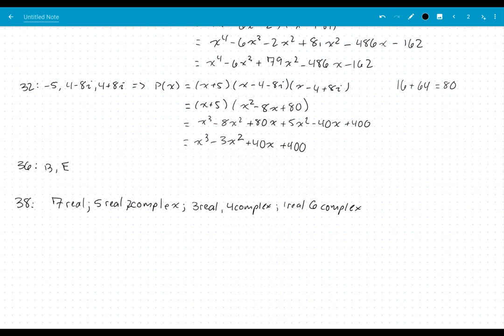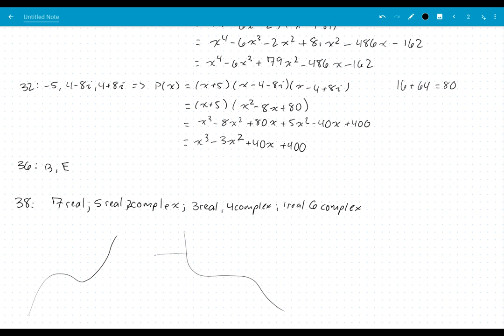Now on to part B. What do you notice about the number of real roots of a polynomial equation with an odd degree? Well, there's always an odd number of real roots. We can either have 7 real roots or 5 or 3 or 1. And the reason is because our functions are odd. An odd degree polynomial function either looks like this or it looks like this, right?